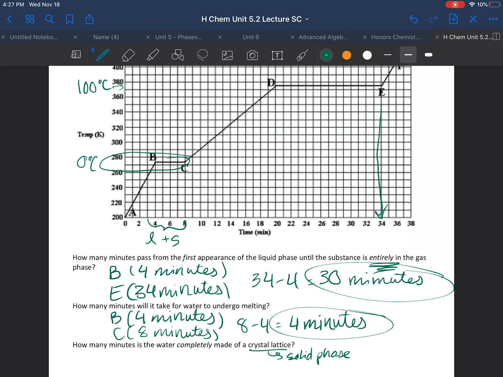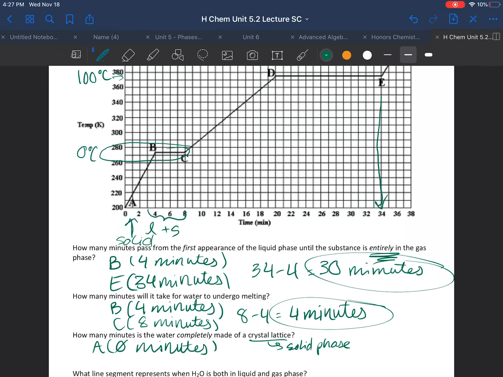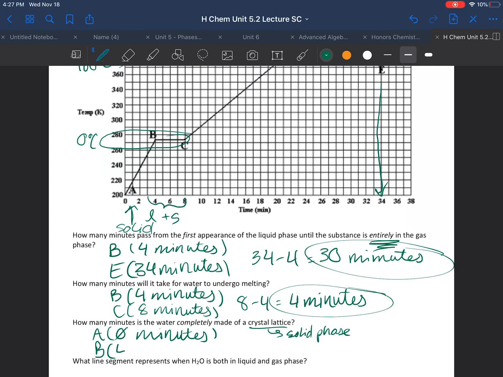And so the segment that we're looking for is going to be where it exists as just a solid, which is between points A and B. Well, A starts at 0 minutes. B, again, 4 minutes. And so really, it only lasts again 4 minutes in the solid phase. The lone solid phase, I should say.